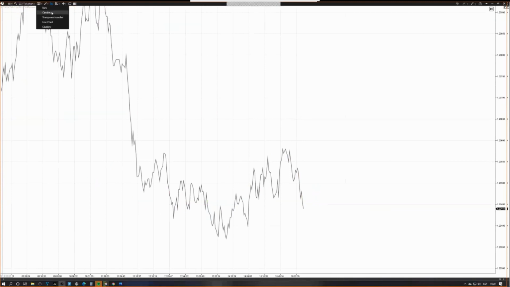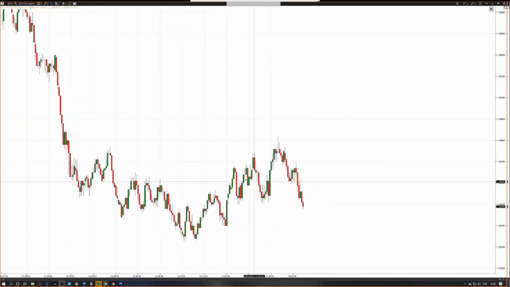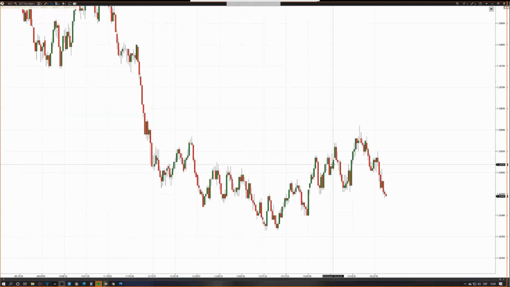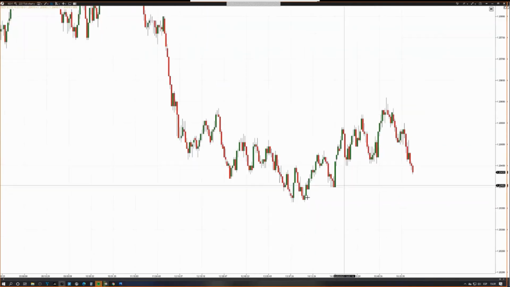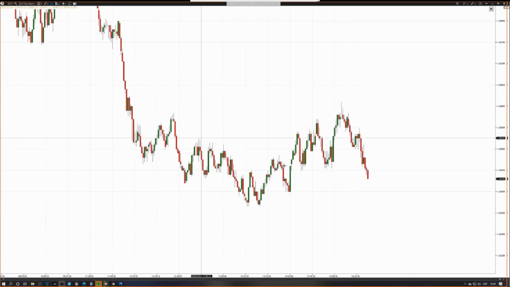But I prefer to see candles at first because it's what is more familiar, right? We know that the green candles are price going up and the red candles are when it closes below the previous candle, right? So this is what everybody gets from a trading platform, right? Just a few candlesticks.